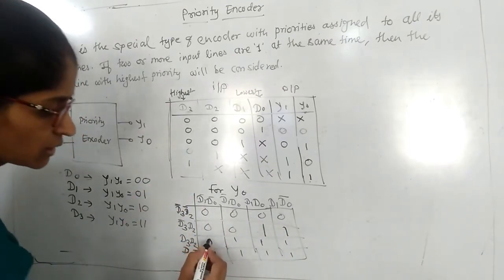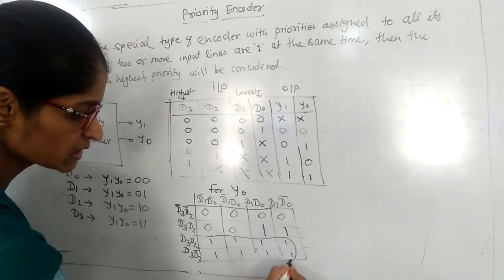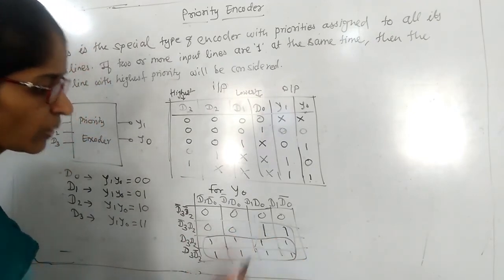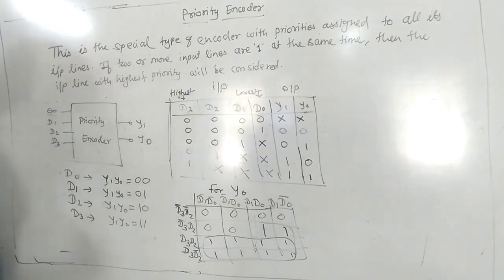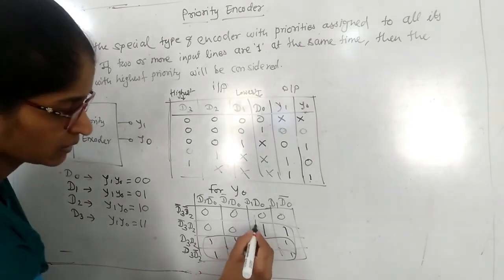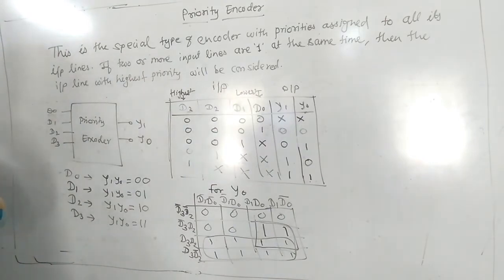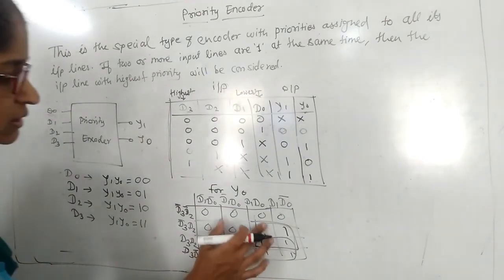So here find the highest group, that is octet, and here is the quad. So we get two groups, one octet and one quad. Oh sorry, this must be here.